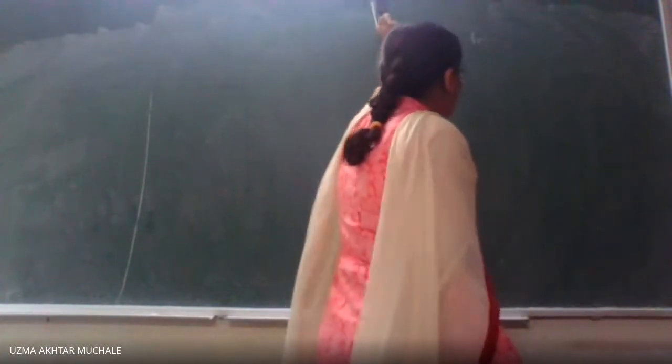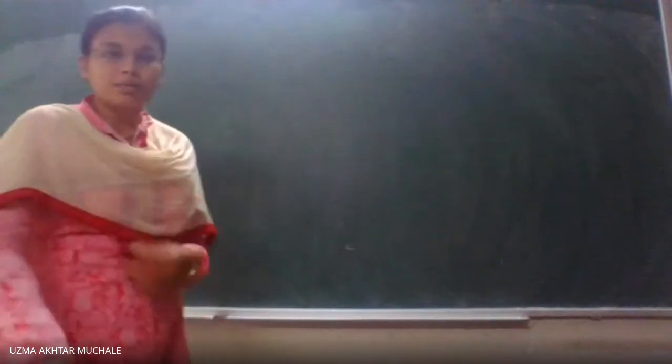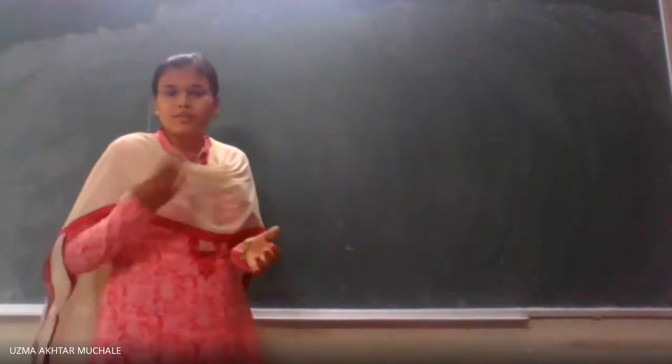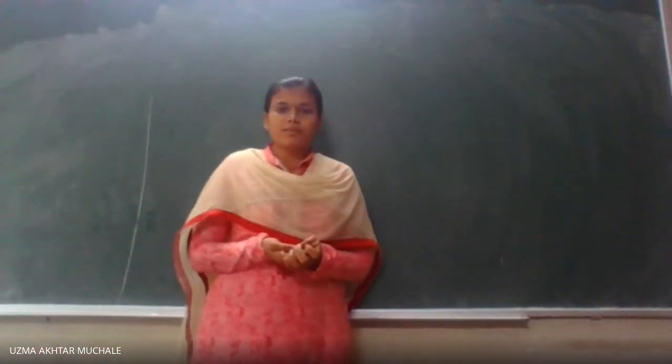What is the basic thing about this? First, you have to find out the unit normal. With the help of the unit normal itself, you can find out the shape of the surface. Okay. Let me go for examples.